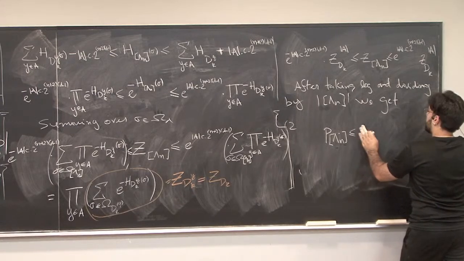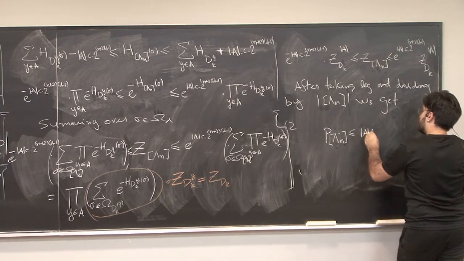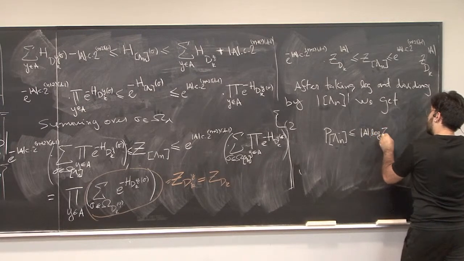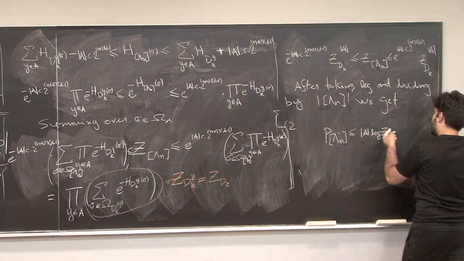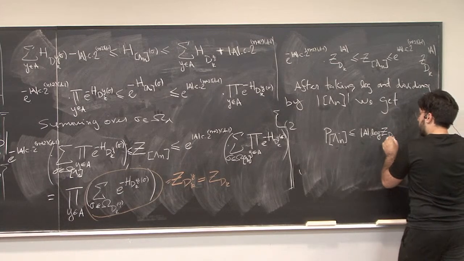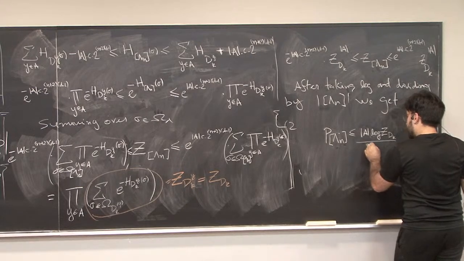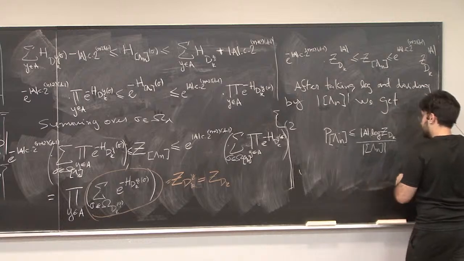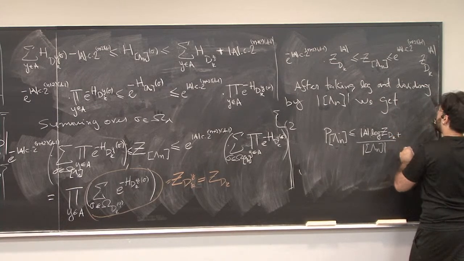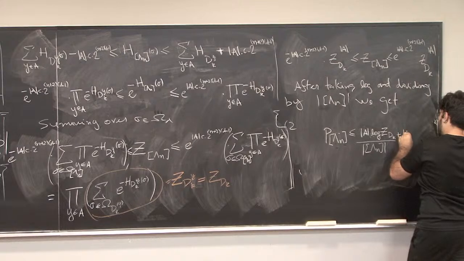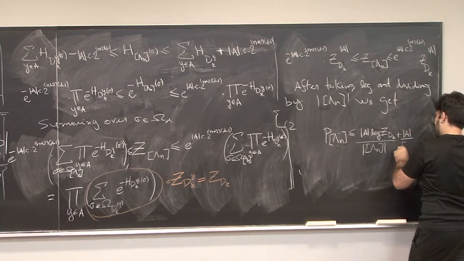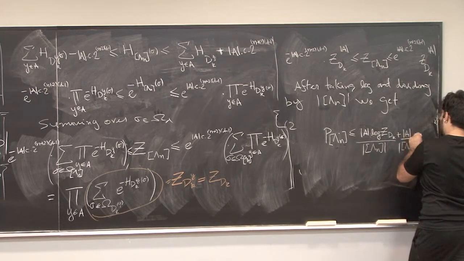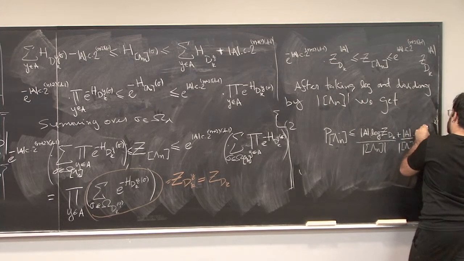A times the logarithm of the partition function in the box d_k, over the size of the cover lambda n, plus A over the size of lambda n times C times 2n plus 2.